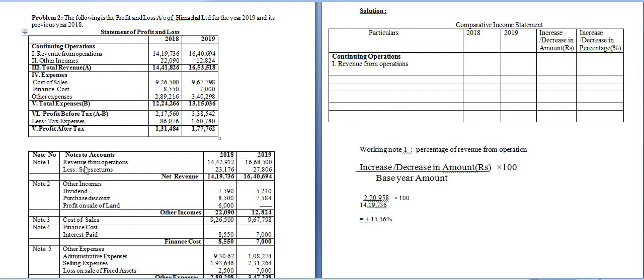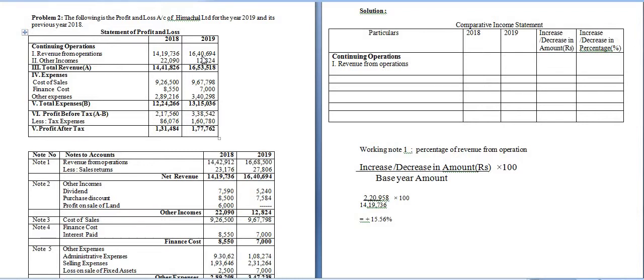Here you can see revenue from operations. Gross revenue is 14,42,912, whereas sales returns is 23,176. After deducting sales returns, the balance that remains is net revenue or net sales, which is 14,19,736.